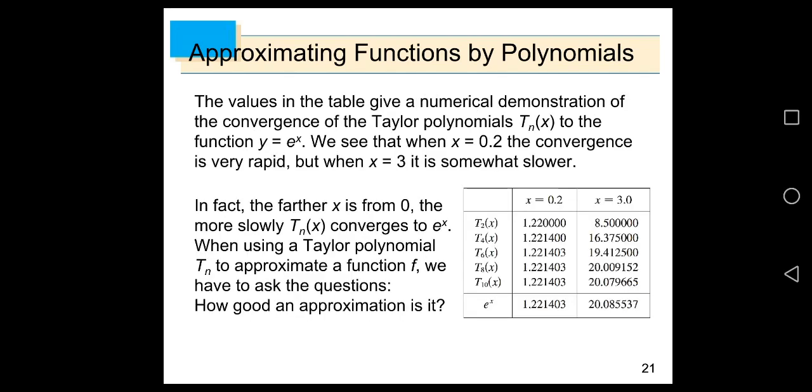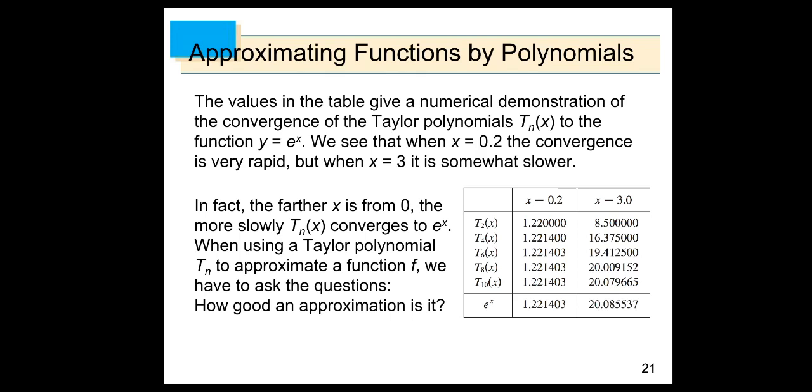So this is the numerical demonstration of Taylor's polynomials t sub n of x to the function y is equal to e power x. We have three columns over here. In the first column we can see the terms of t. In the second column we have the values when x is equal to 0.2, and then the values when x is equal to 3.0.